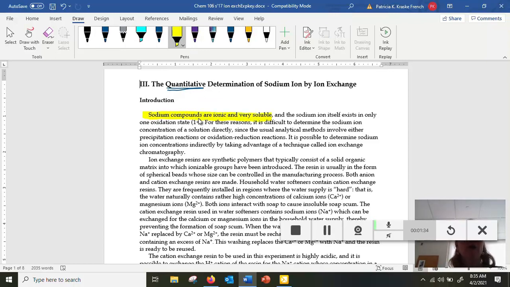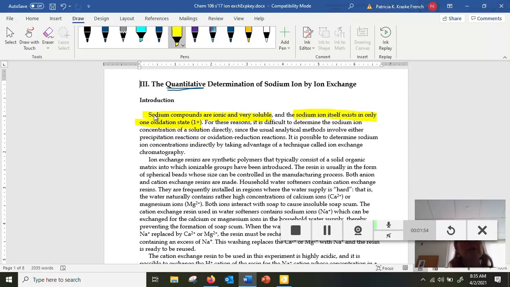It's a very strong electrolyte, and it dissolves in water immediately. Plus, the sodium ion only exists in one oxidation state, which is +1. Doesn't exist in any other. It's either sodium metal or sodium plus.